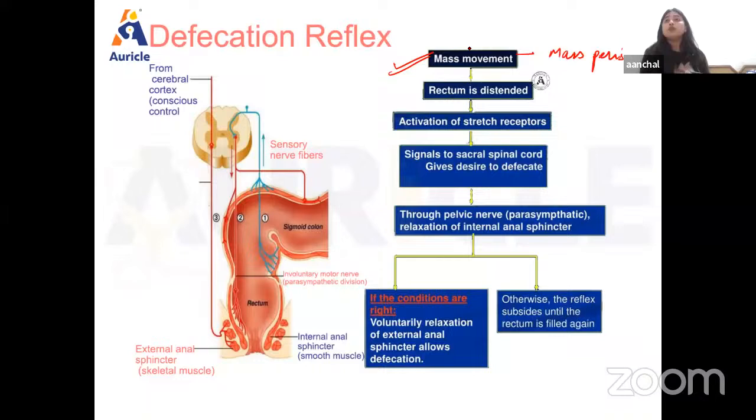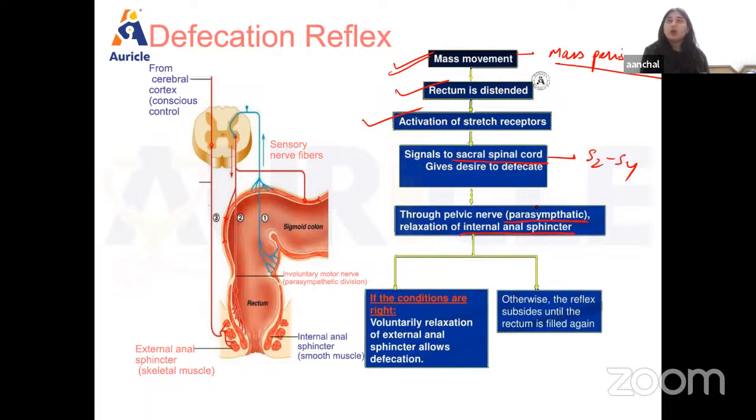Those receptors located in the wall of the rectum will get activated, and they will immediately send a signal to the sacral part of the spinal cord, that is S2 to S4, and give the desire to defecate. Now, through the pelvic nerve, through the parasympathetic nerve fibers, there will be relaxation of the internal anal sphincter. Always remember, through the pelvic nerve, there will be relaxation of the internal anal sphincter.